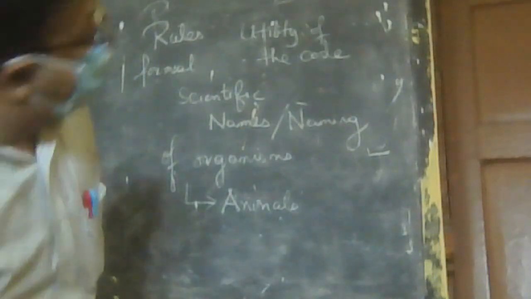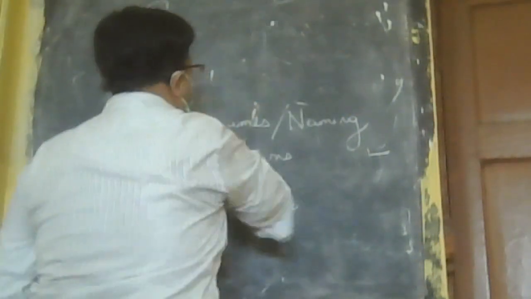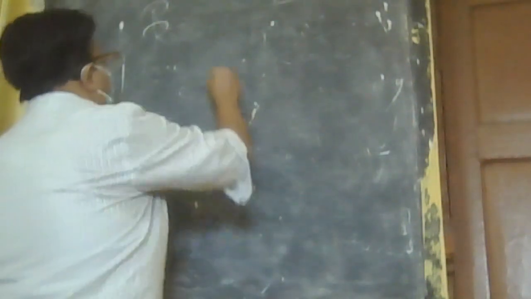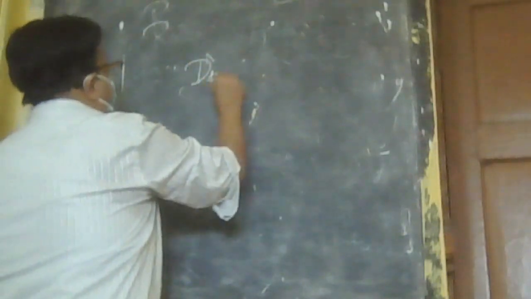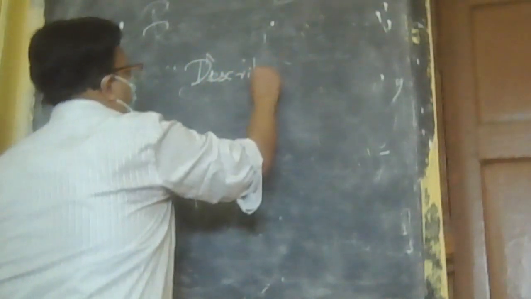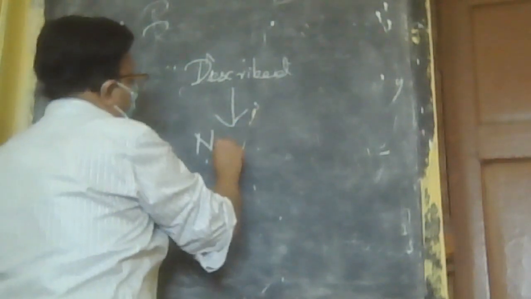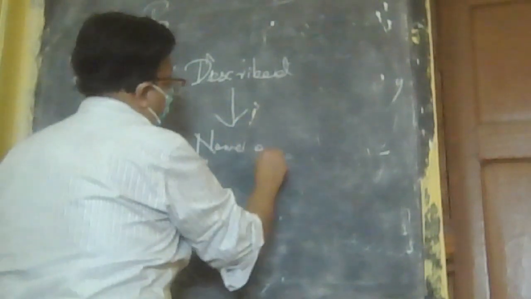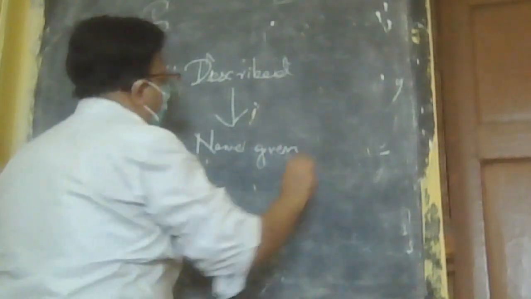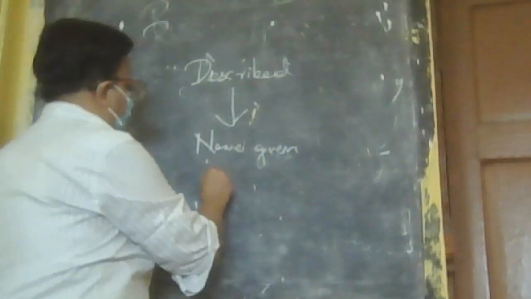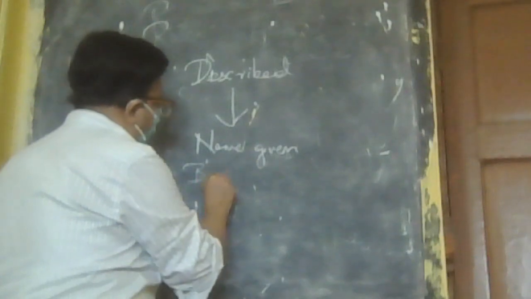The characters were given. The organism was described first. The animal was described, then a name was given. The name is given by the principle of binomial nomenclature.